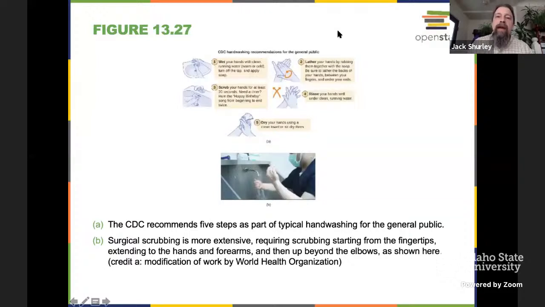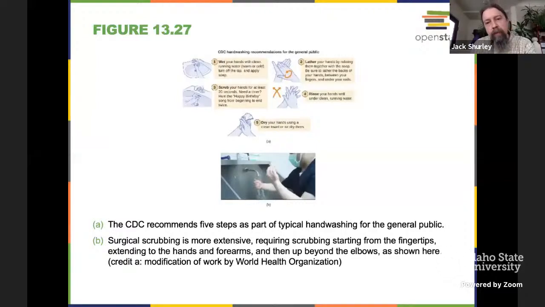You can't guarantee that every single organism is off of there, but most. And in the process of doing this, you know that microbes are all over the place.